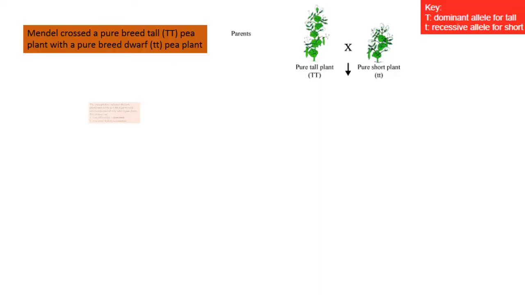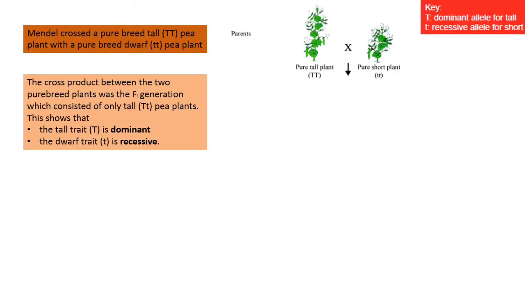So this is how Mendel started using the characteristic of plant height. Mendel crossed a purebreed tall, capital T, pea plant with a purebreed dwarf, small t, pea plant.